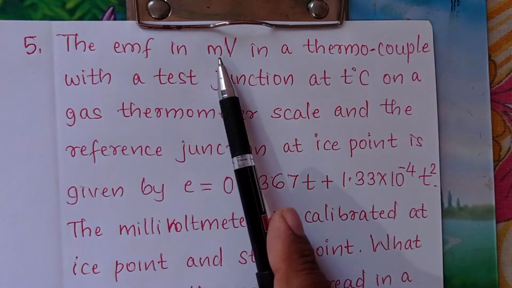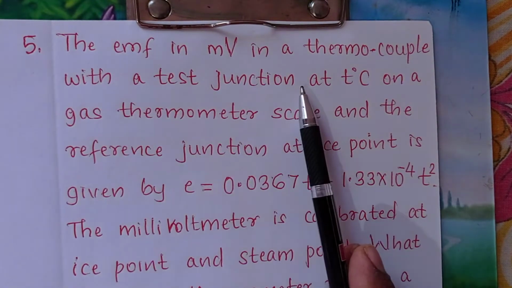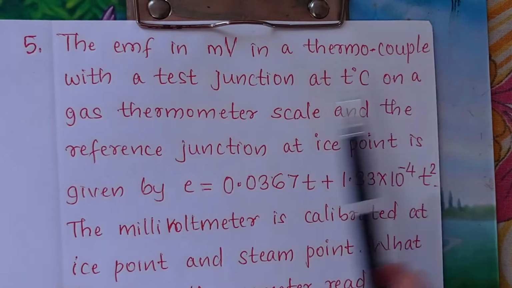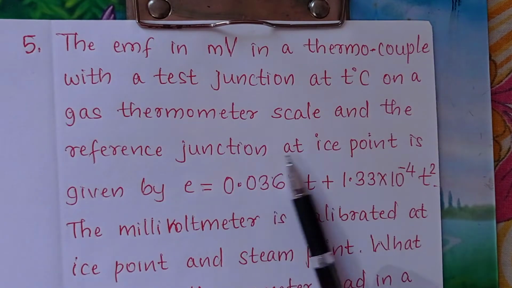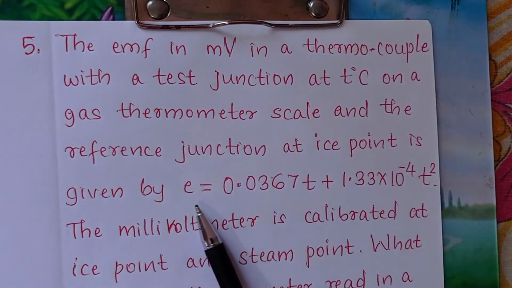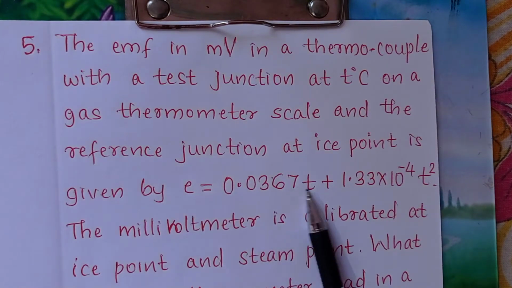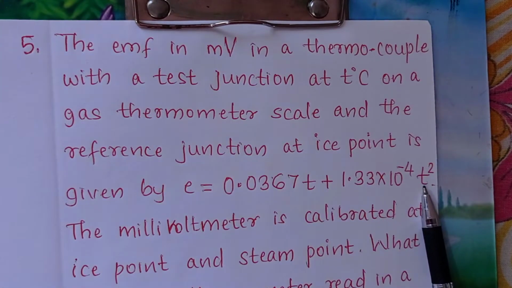The EMF in millivolts in a thermocouple with a test junction at T degree centigrade on a gas thermometer scale, and the reference junction at ice point, is given by E is equal to 0.0367 T plus 1.33 into 10 to the power minus 4 T square.